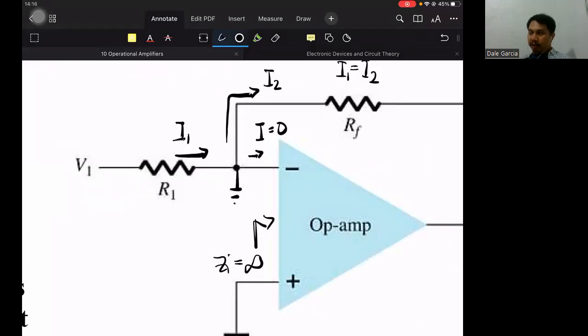If a node is connected to ground, meaning the voltage at that point is 0. Because all current is flowing in this manner and no current will flow inside, it's as if this node is connected to the ground and there is 0 voltage at this node.